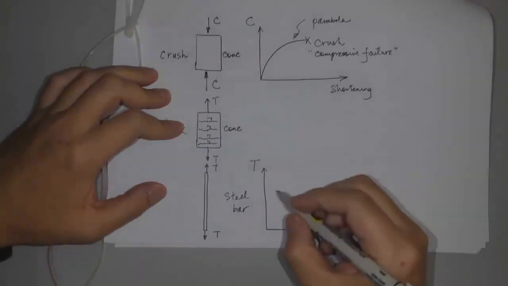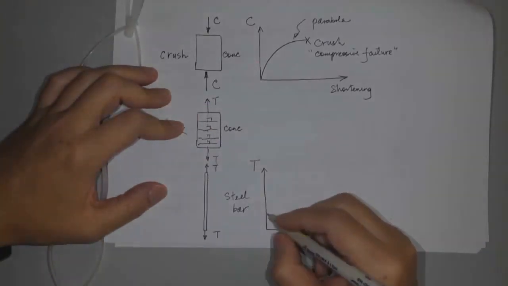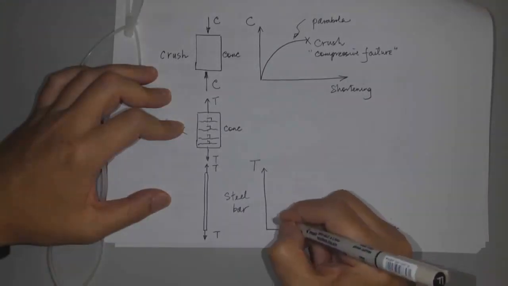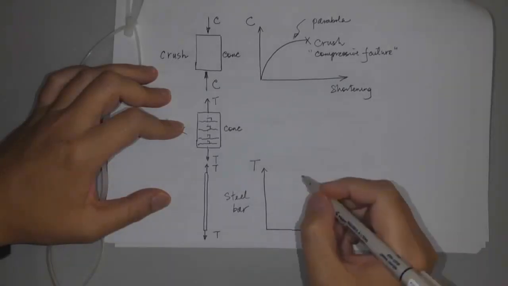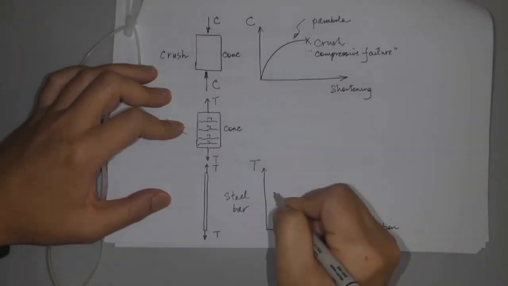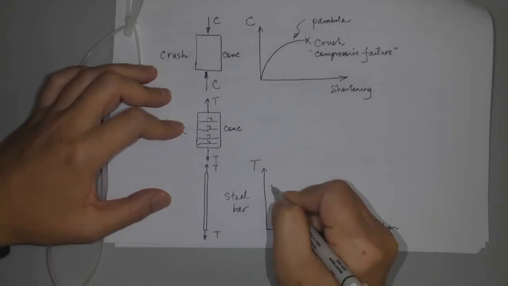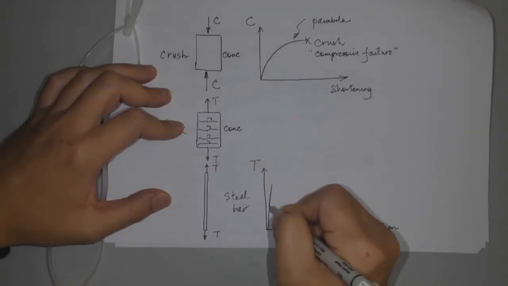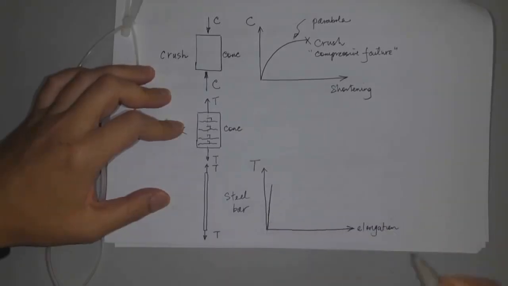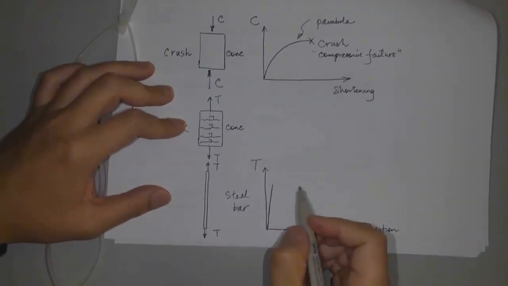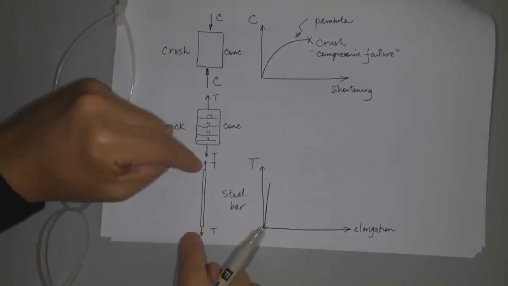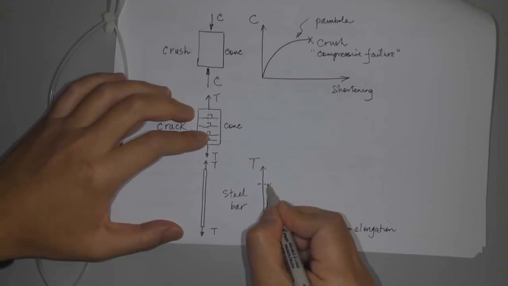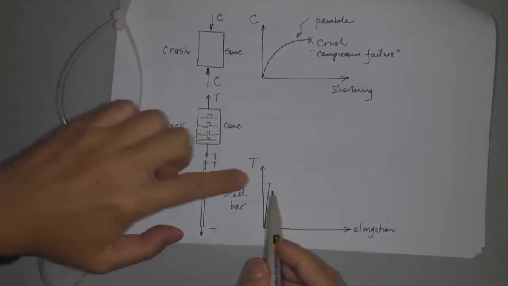So what happened in the experiment, initially it would be a very steep straight line. Right? So it's sort of like this. A very steep straight line. Like that. Until this T reaches a certain value.